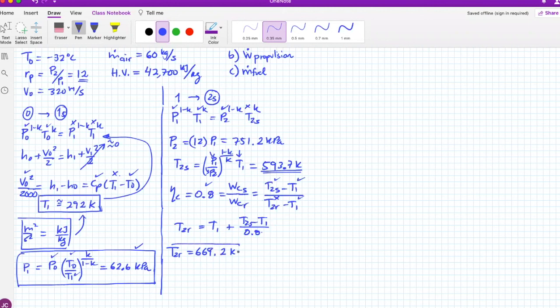So you get the drill, right? You need to get from 0 till 5 all along doing all this stuff. Sometimes it's going to be easier and sometimes a little bit harder, but you need to get to the fifth state. Otherwise, you will not be able to get what you're looking for. Okay, so you have T2R.